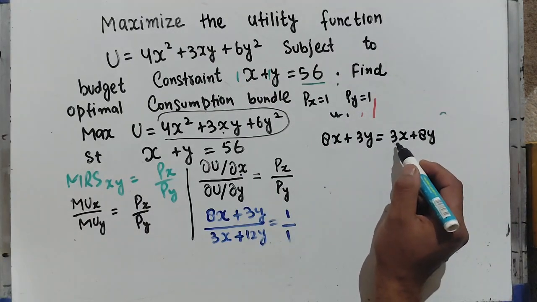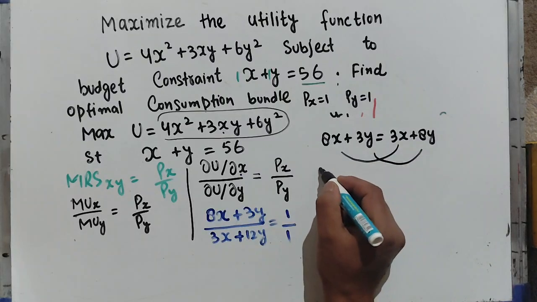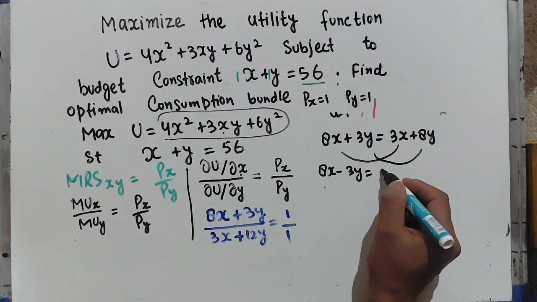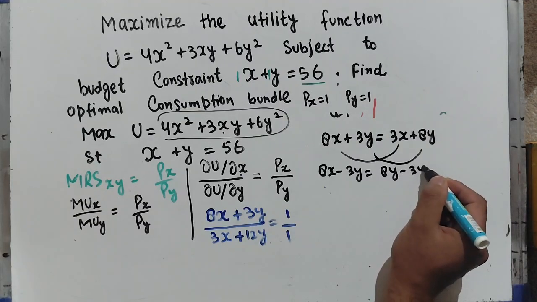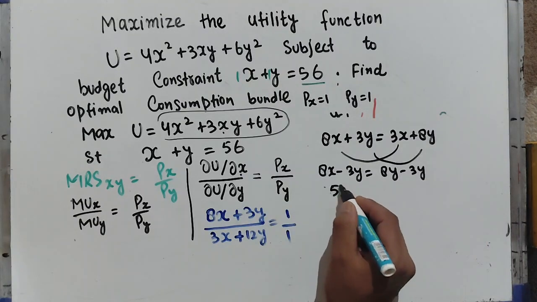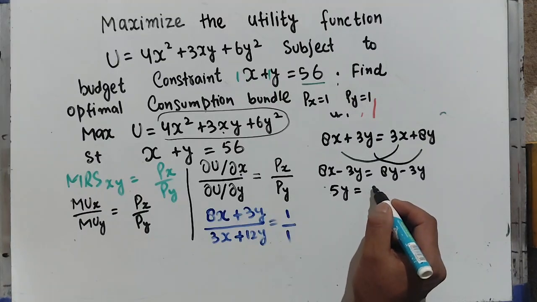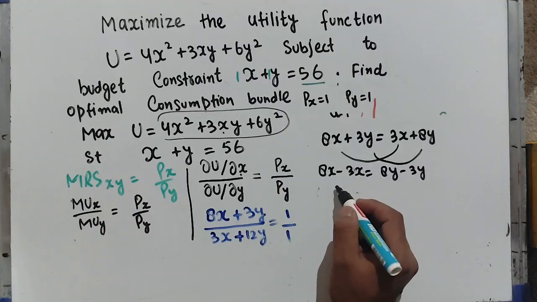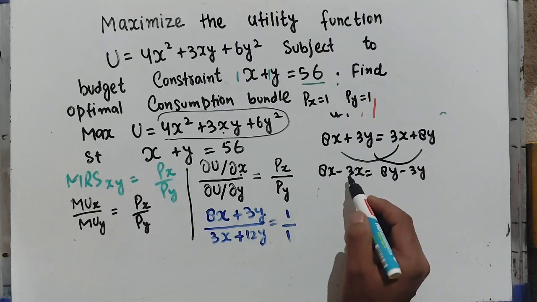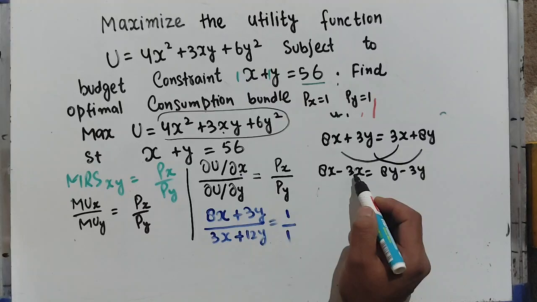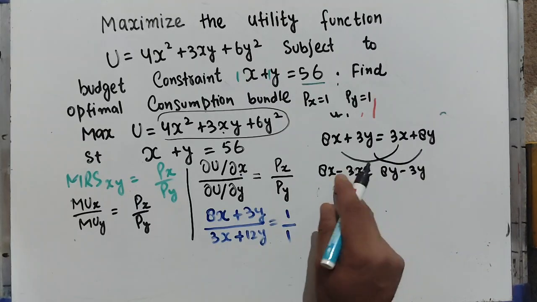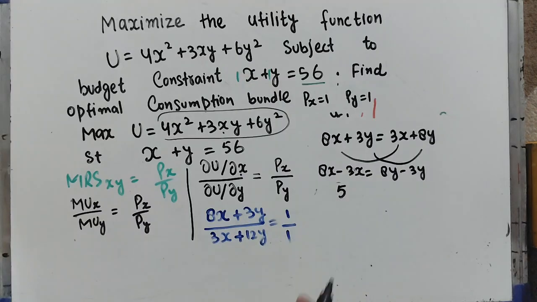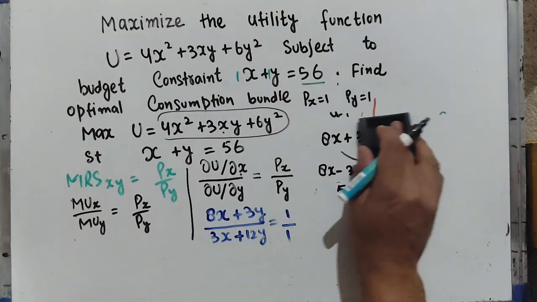Now transpose this x here, this y here, so we get 8x minus 3y is equal to... sorry, here we have 3x... so I have done a mistake here. We have 8x plus 3y.